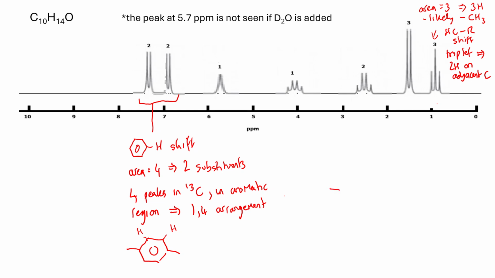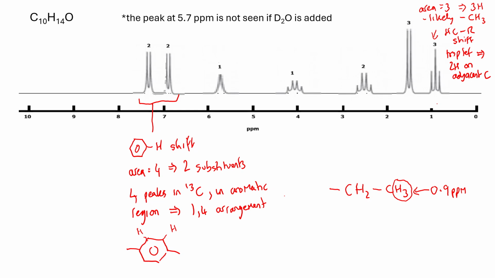So we have a CH2 bonded to a CH3, and that set of protons gives the peak at about 0.9 ppm. Okay, so that's incredibly useful.